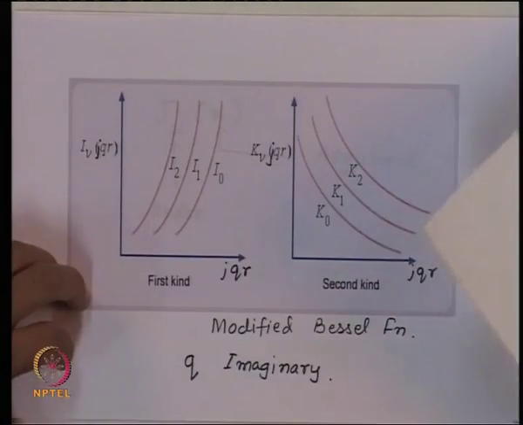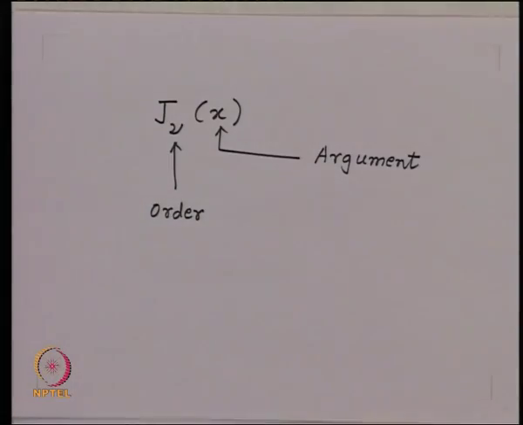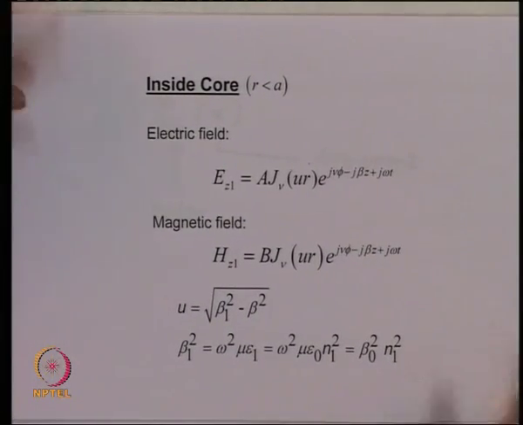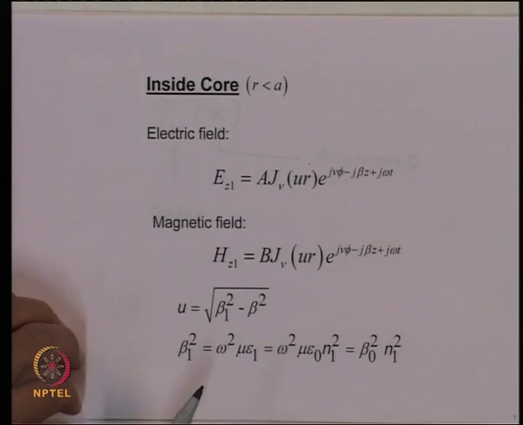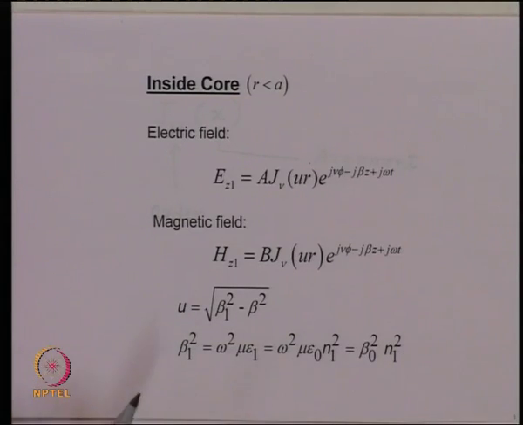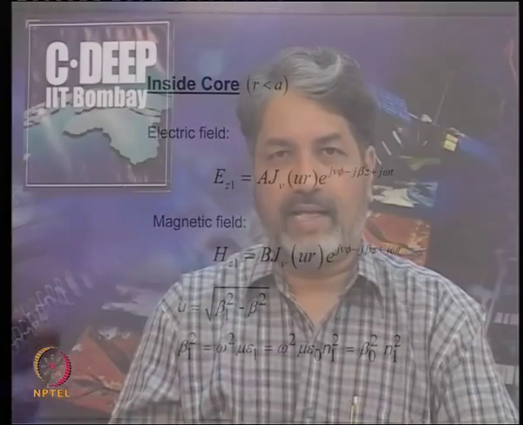But essentially what we have said now is that by using this physical understanding, we can write down the fields appropriately inside the core and the cladding, which can essentially be given by this. So, as we said, these are the functional forms which you got for the quantity psi, and psi can represent either electric or magnetic fields, Z component.